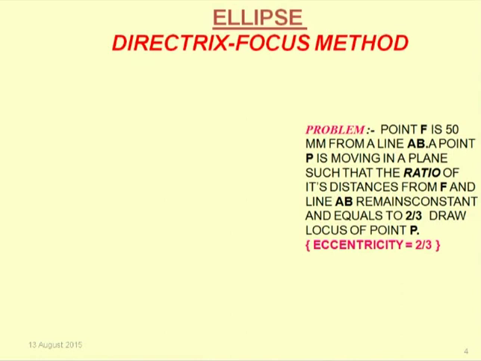In the previous lecture series we have also learned this method, but this method is different. So first see how you can draw an ellipse by the Directrix-Focus method. The problem is the same.